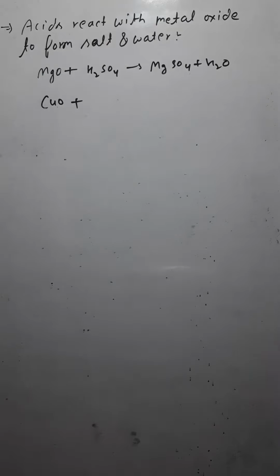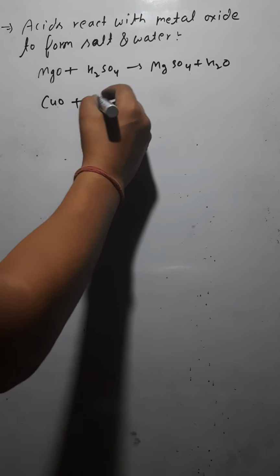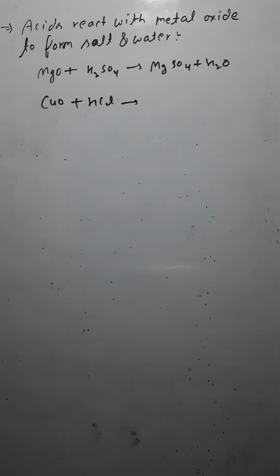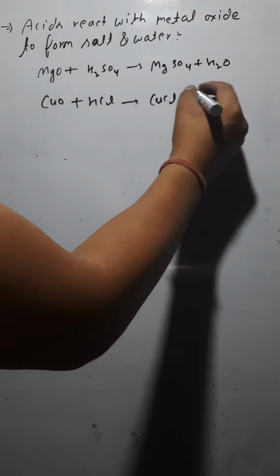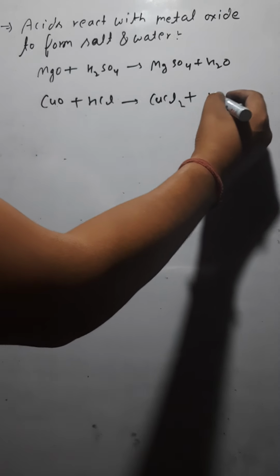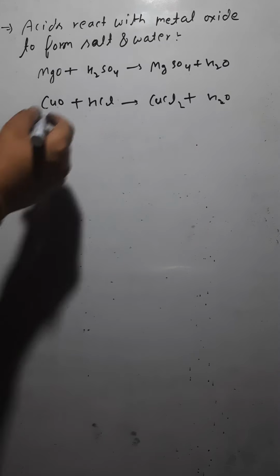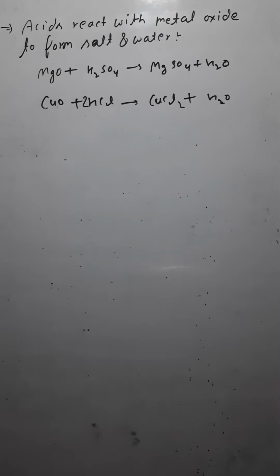If it is reacting with hydrochloric acid, you are going to get what? Copper chloride, CuCl2, and then again water. Try to balance this also. It is not balanced. You would write 2 here also. Let me balance it. Okay.